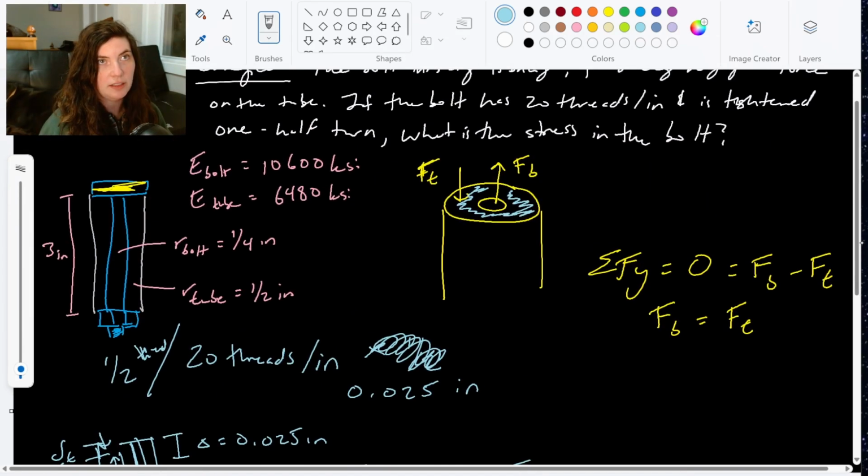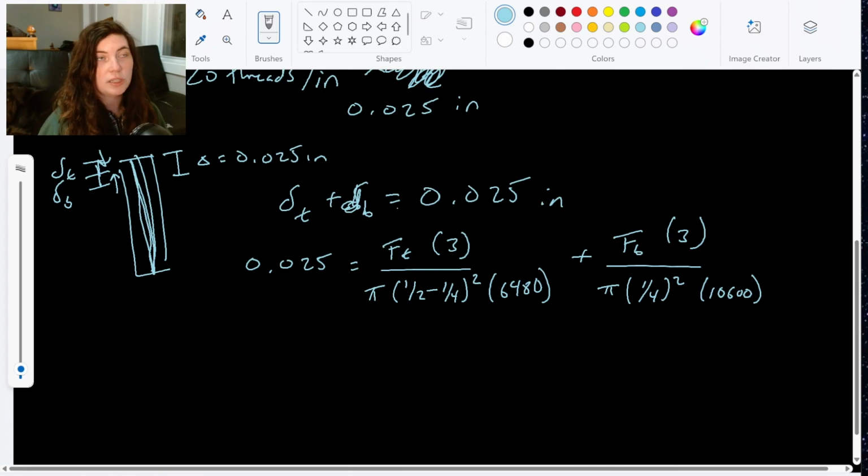FB equals FT. Thank goodness that guy was simple, because we can use that to simplify this down. Make some substitutions, substitute in for FB or FT, and solve this. So we can go ahead and solve this, and when we do that, FT is the same as FB, which is 11.2 kips.